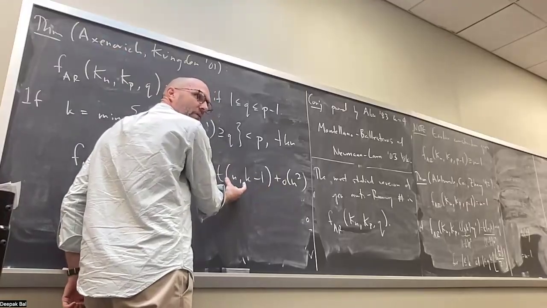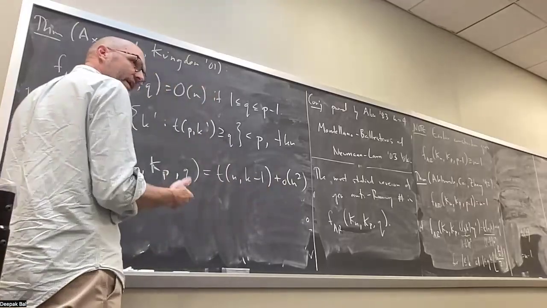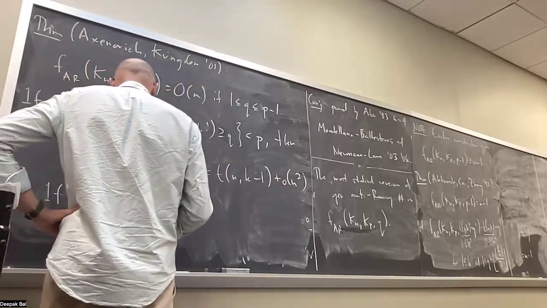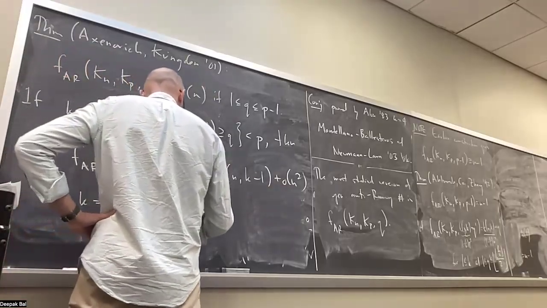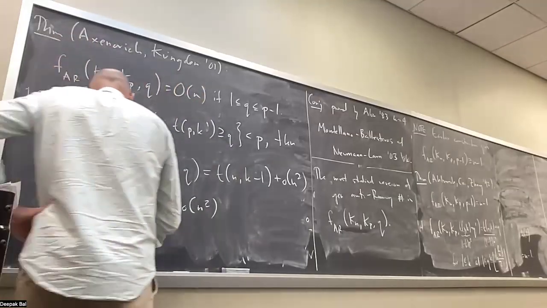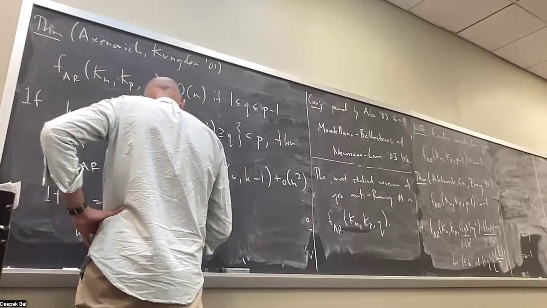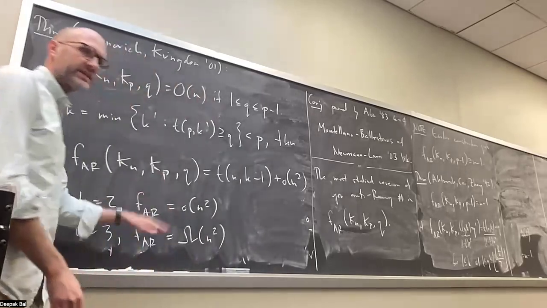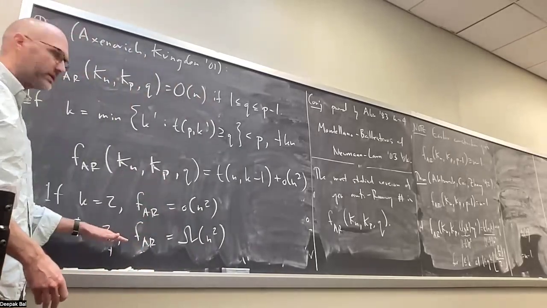So the key bit is this transition. If k is 2, then you're getting something like the anti-Ramsey number is sub-quadratic, right? And if k is 3, then it is actually quadratic. That's what I care about. So this transition, okay?